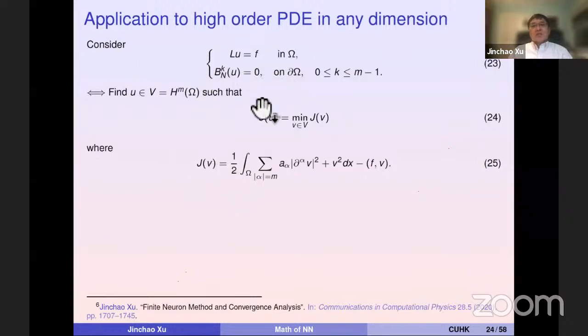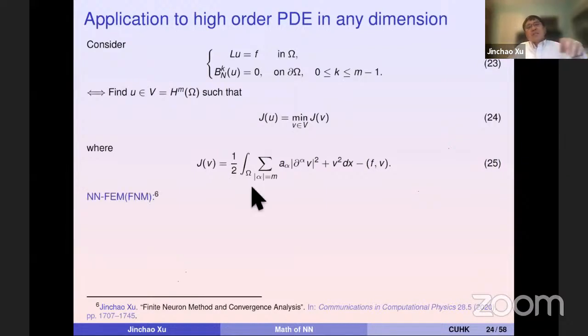So you solve this, let's say, this boundary value problem, we'll do a minimization problem. I'm going to do just a Neumann boundary condition. Dirichlet boundary condition, you can do some penalization method.